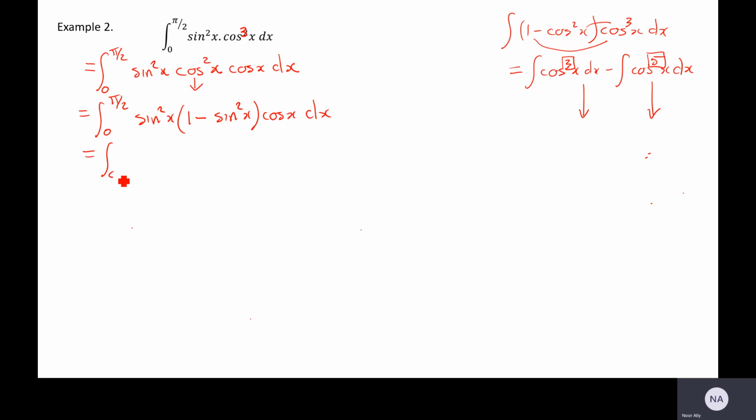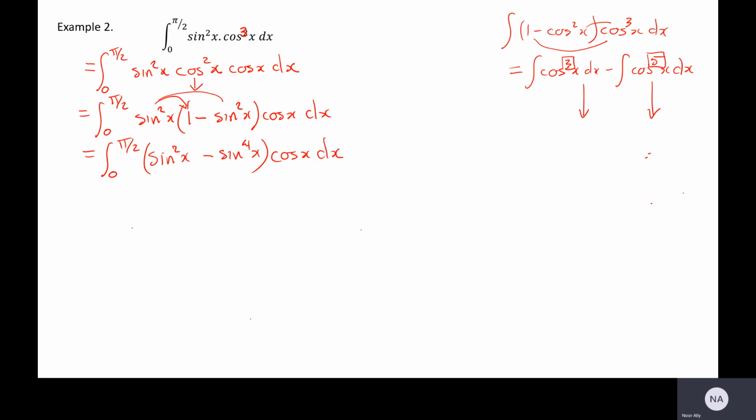Remove the brackets. Sine squared times 1 is sine squared of x, sine squared times minus sine squared is minus sine to the power 4x, and they are all multiplied by cos of x dx.